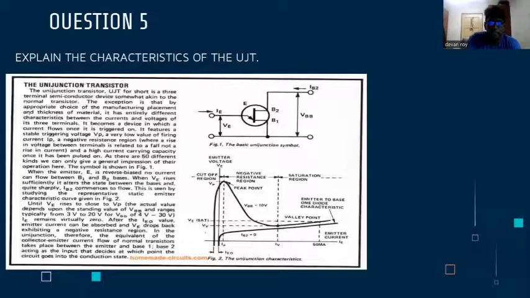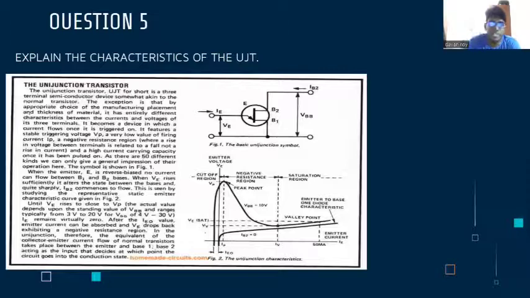Therefore, the equivalent of the collector-emitter current flow of a normal transistor takes place between the emitter and base 1, with base 2 acting as the input that decides at which point the circuit goes into the conducting state.